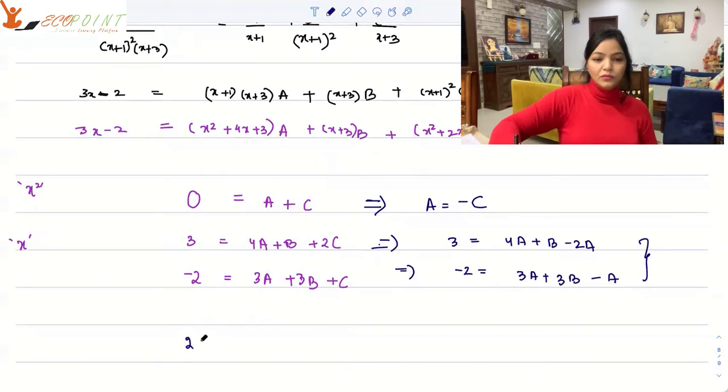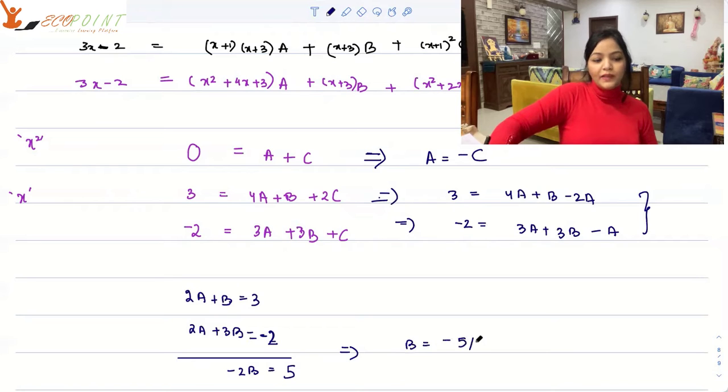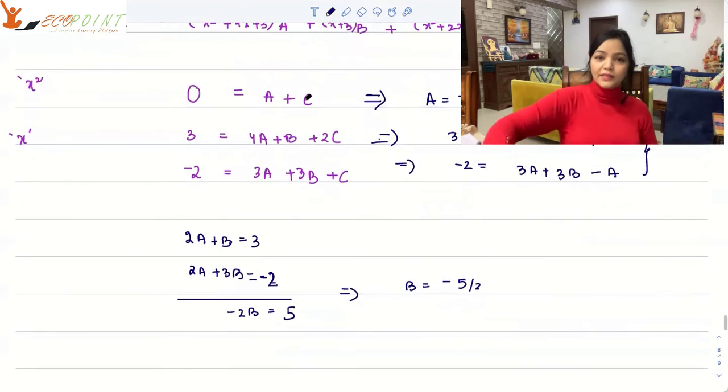So 2A plus B is equal to 3 and 2A plus 3B is equal to minus 2. Subtracting, what I'm going to get is minus 2B is equal to 5. So that implies B is equal to minus 5 by 2. Clearly, B is equal to minus 5 by 2.